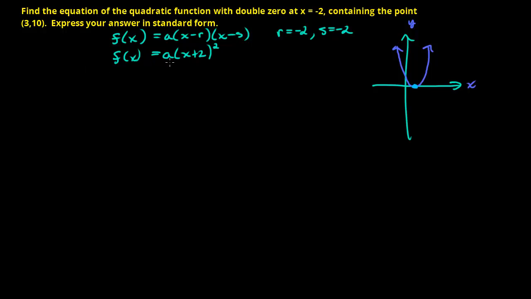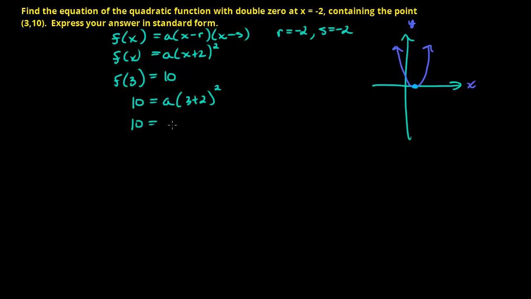So to figure out what a is, we've got another point on our graph, and we know that f of 3 should be equal to 10. Well, if f of 3 is equal to 10, then that means that 10 should be equal to a times (3 plus 2) squared.